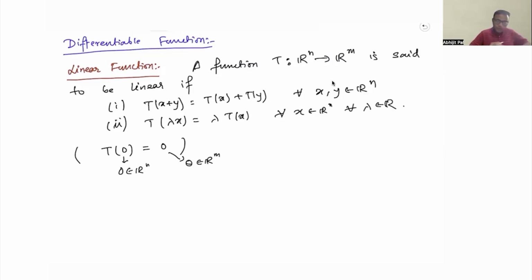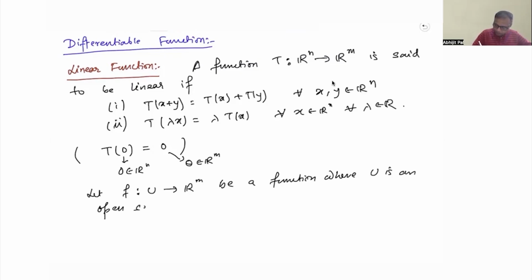So now let me define what we mean by a differentiable function. So let f from U to R^m be a function where U is an open set in R^n.